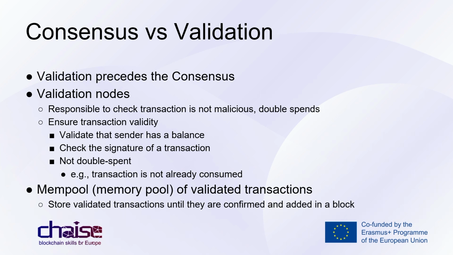The blockchain validation process precedes the consensus process. It means transaction validation happens on each participant node, and the validated transactions are stored in the mempool, which we call the memory pool of each participant node, until they are confirmed in a block.